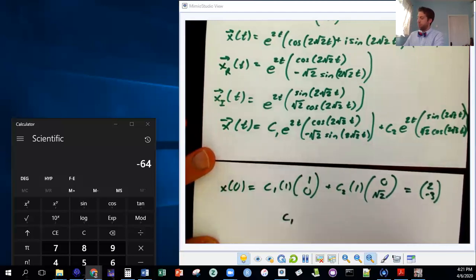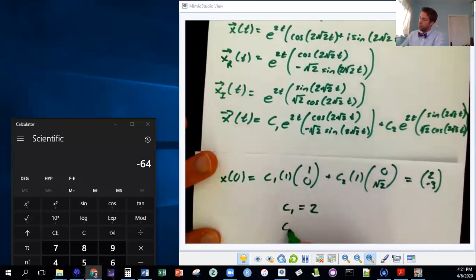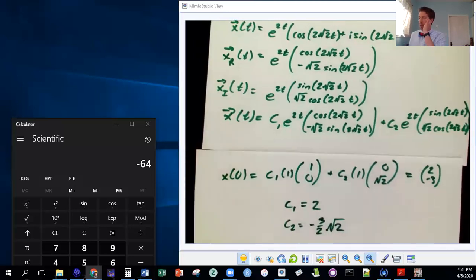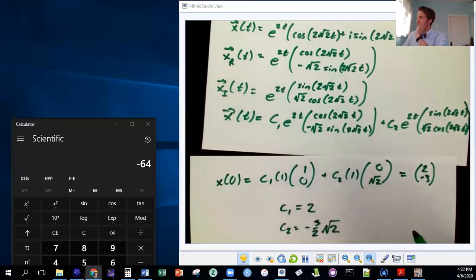C1 is equal to 2. It's all diagonal, so it's actually quite nice. And c2 equals negative 3 divided by square root of 2, which would be negative 3 halves times square root of 2. Because it was diagonal, with zeros there and there, that made it really easy algebra.